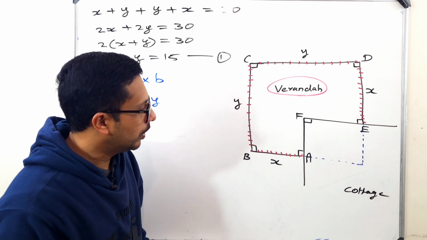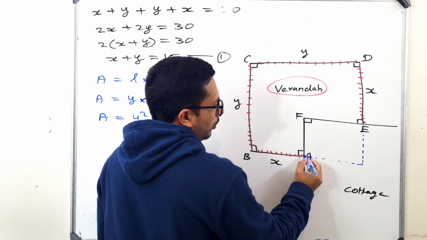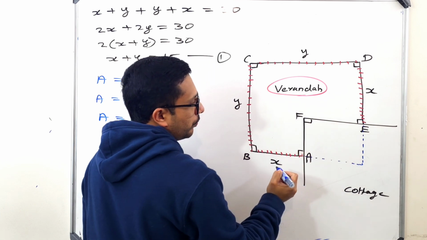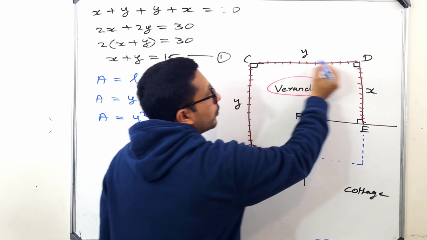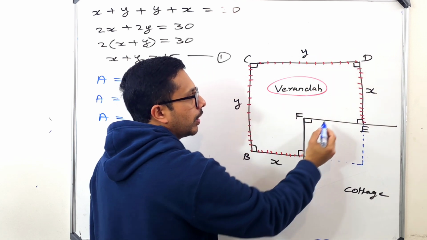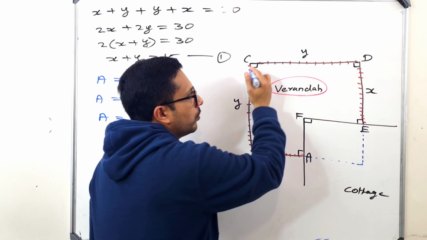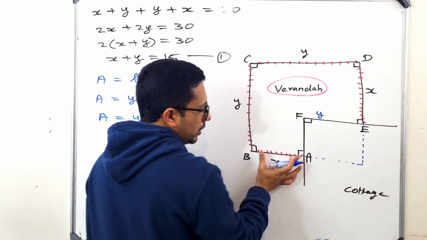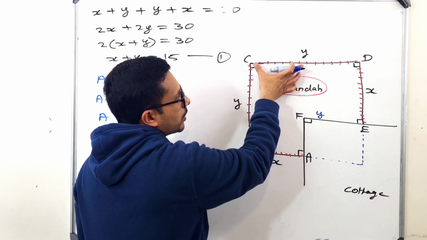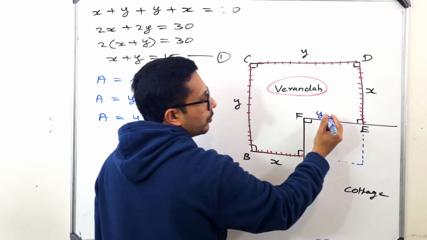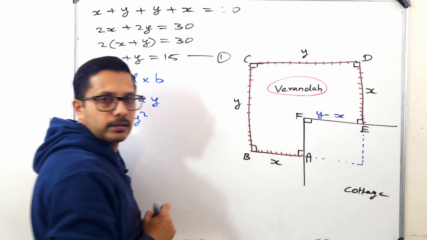We don't know the length and breadth here, so we have to find them. What is this length? x. What is the full length? y. So from the full length, this is x, so y minus x.